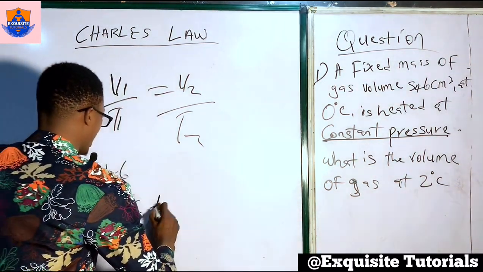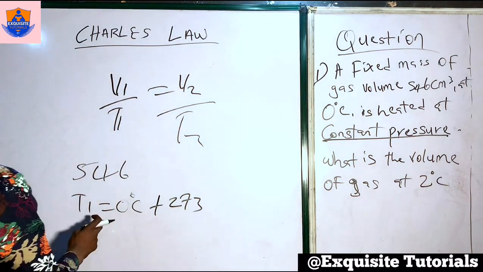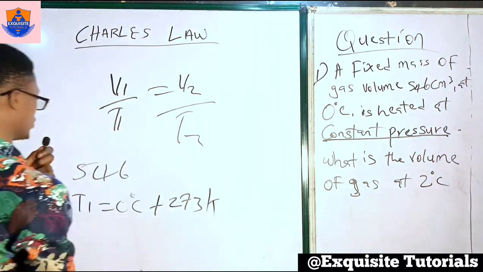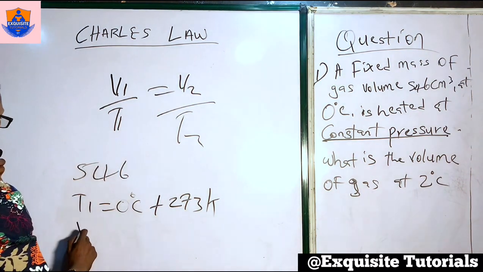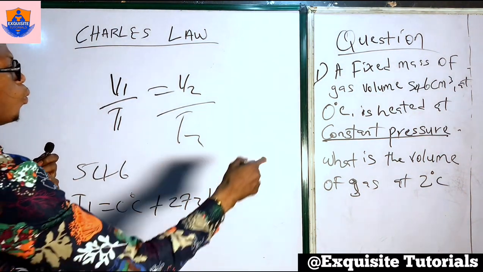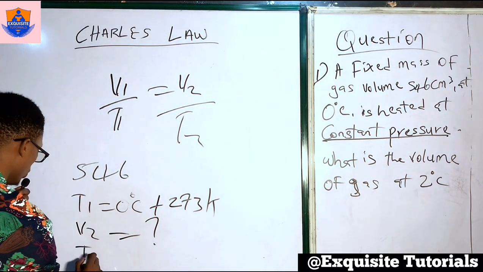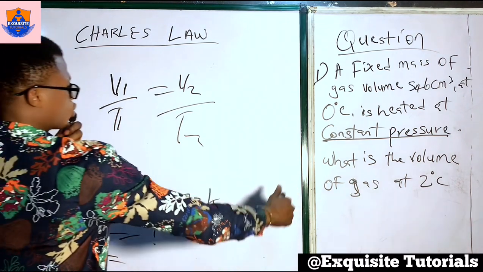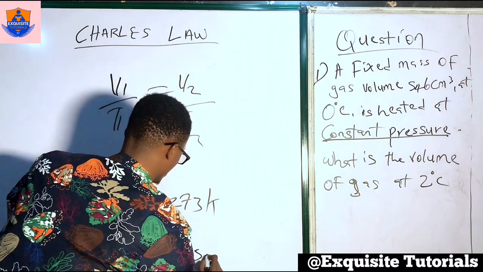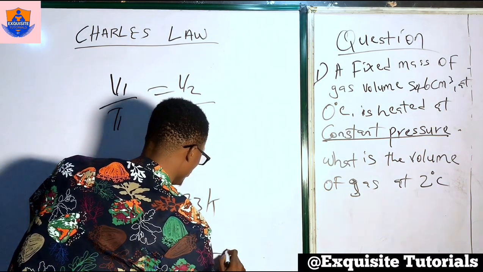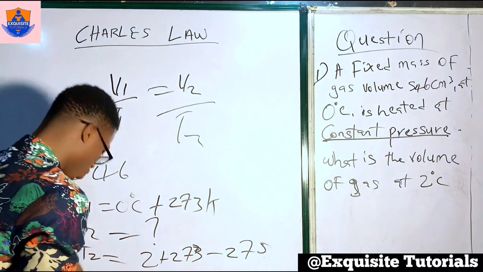You add 273 to it to give you Kelvin, which means that our T1 is 273 K. Then our V2 is unknown. Our T2 is equal to 2 plus 273, which is 275.